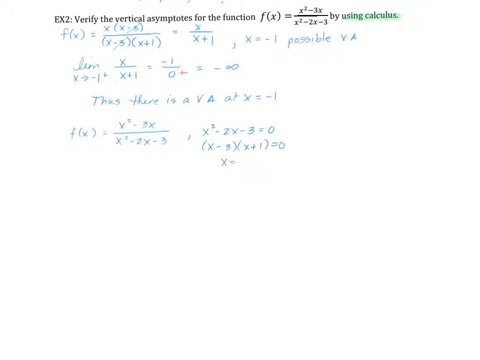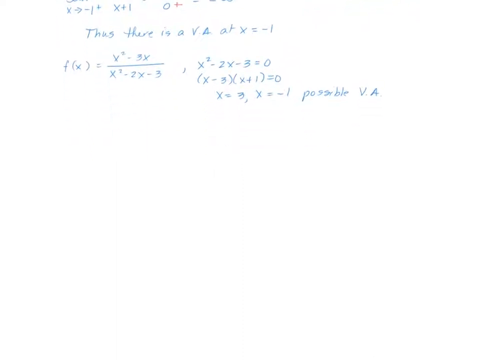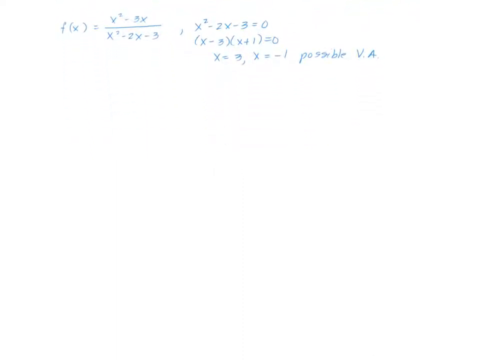So x equal to 3 and x equal to -1 are possible vertical asymptotes. To show that they are vertical asymptotes, I have to show that when I come in from either the left or the right, I get a negative or positive infinity for my limit. So now we already verified that x equals -1 is a vertical asymptote. So this is already verified.